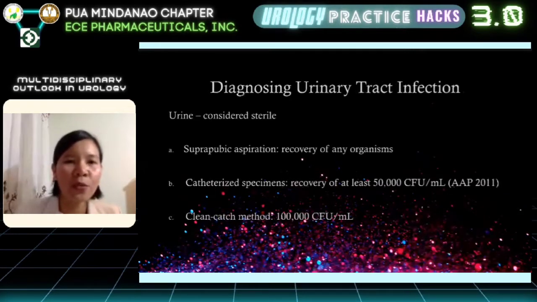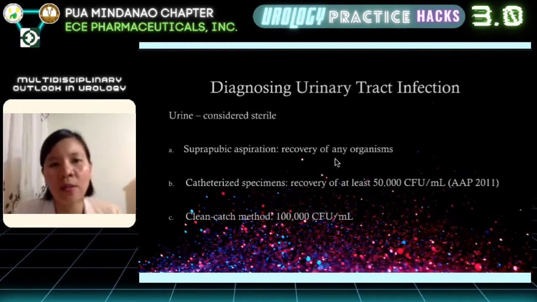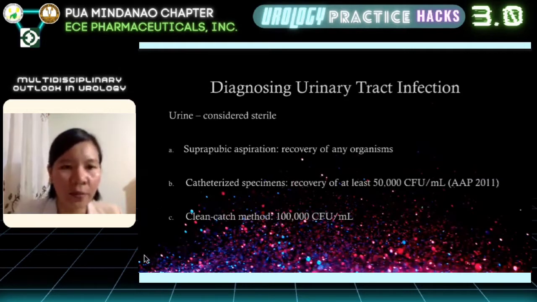So how do we diagnose urinary tract infection? The urine is considered sterile. So if you're going to collect a suprapubic aspiration for your urine specimen, recovery of any organism is considered urinary tract infection.